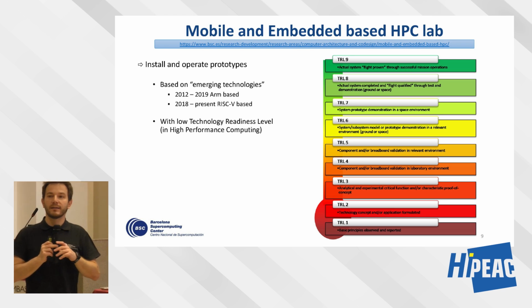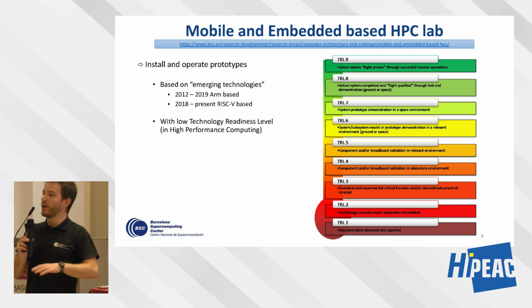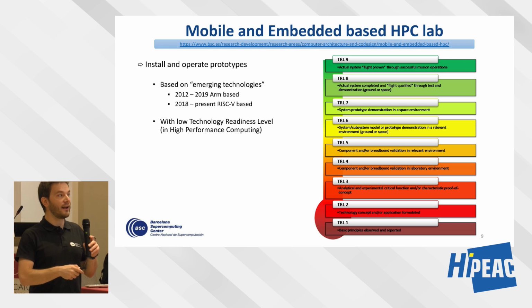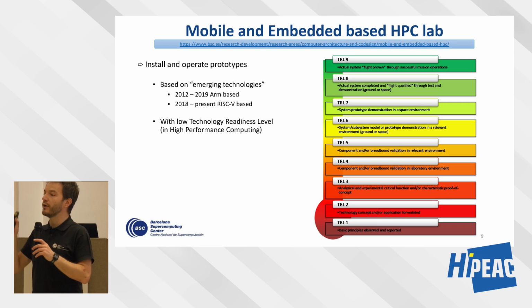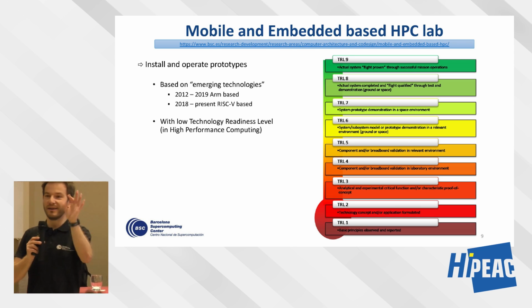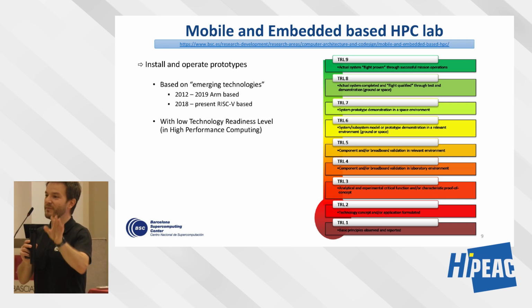So, as I said at the beginning, in BSC, we do have the MareNostrum supercomputer. That's a very high TRL. So TRL is a scale that, historically, has been defined by NASA, okay, for making things fly, basically. So you start from being a paper airplane.